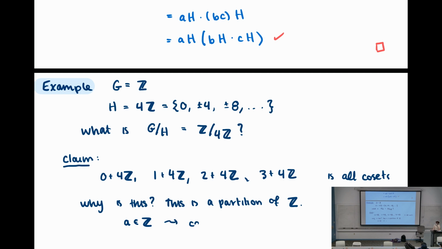I compute the number A mod 4, and it will live in the corresponding coset. So let me be more specific. That coset is A mod 4 plus 4Z.